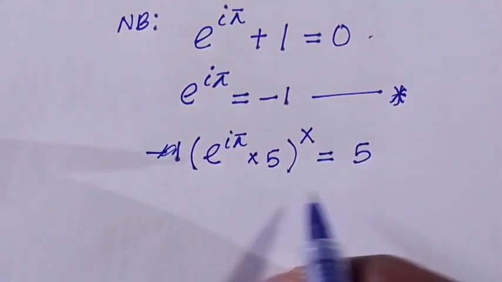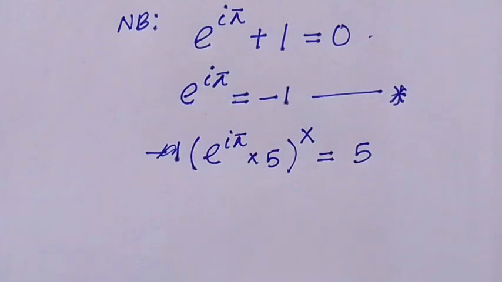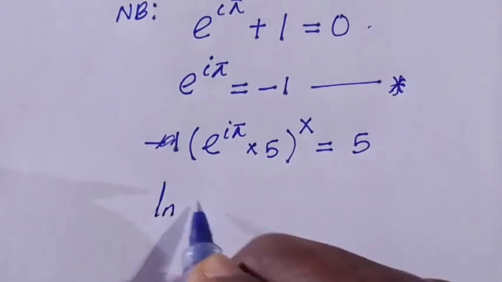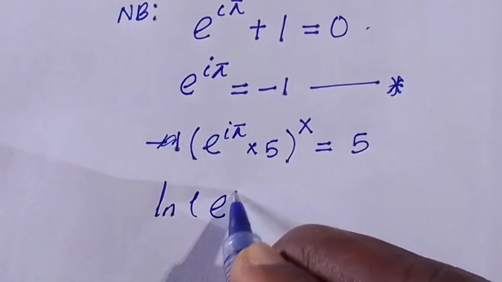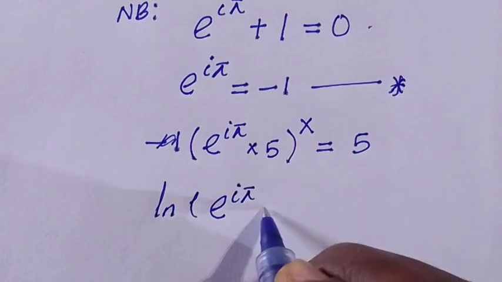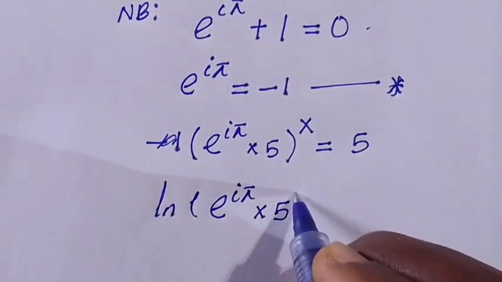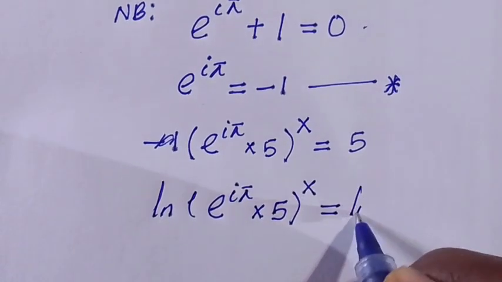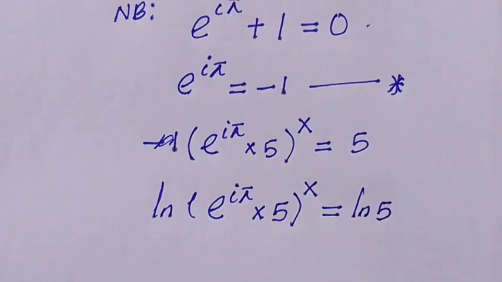And to get the value of x here, we introduce the natural log to both sides. So by introducing the natural log, we have ln of (e to the power of i pi multiplied by 5) raised to the power x equals ln 5.